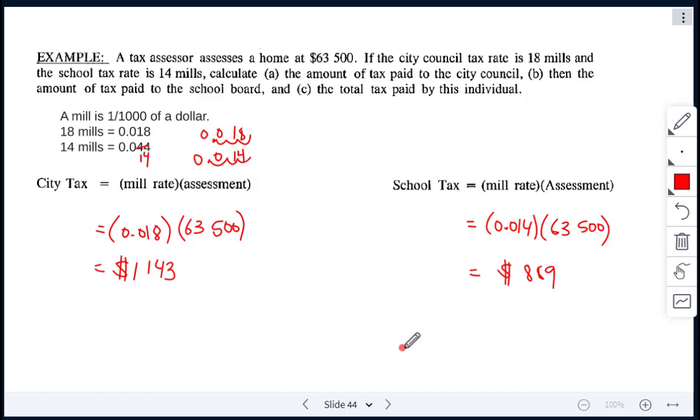And then we have to calculate the total tax. We're just going to add those two amounts, 1,143 plus the 889, which gives me a total tax of $2,032.